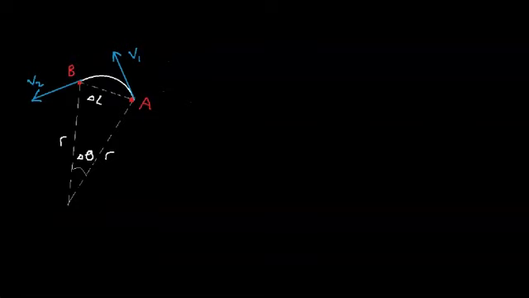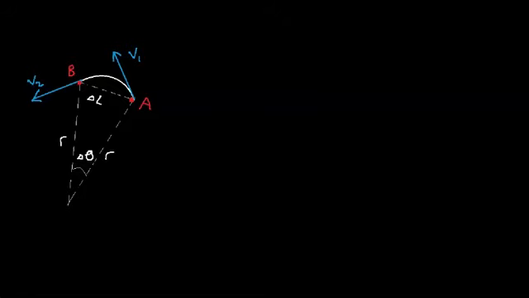To investigate this acceleration quantitatively, we consider a short time interval, dt, during which the object rotates through an angle, d theta. v1 and v2 are the velocities at points A and B respectively and are tangential to the circular path.